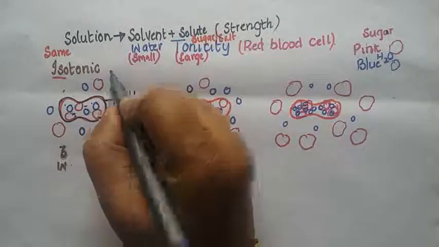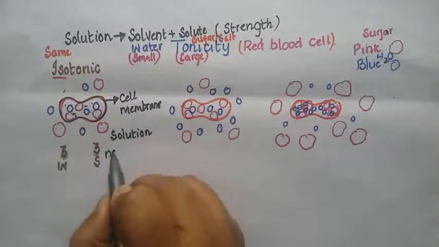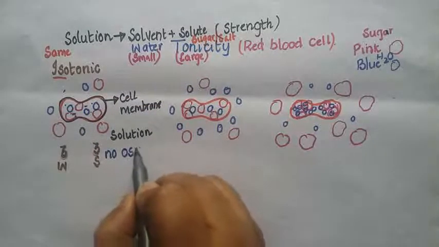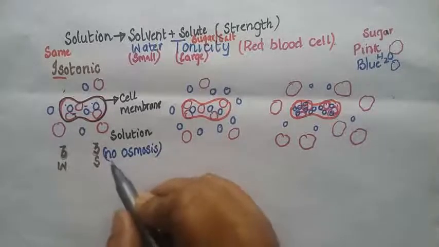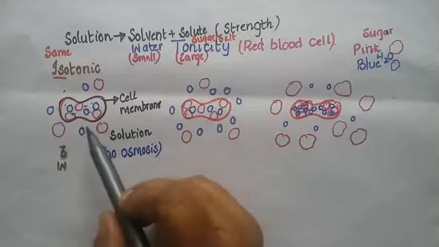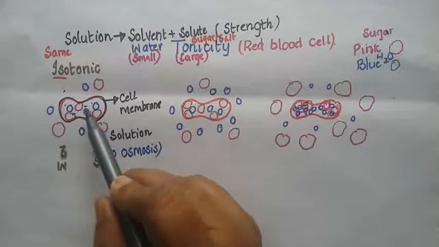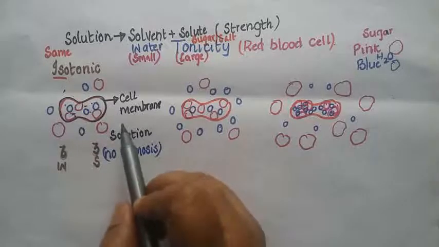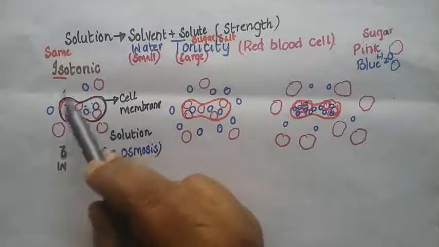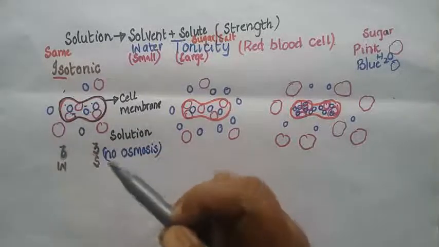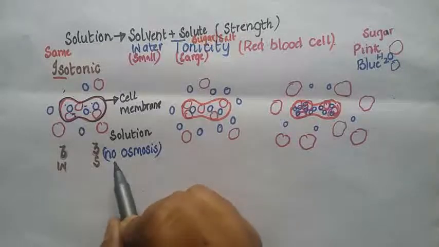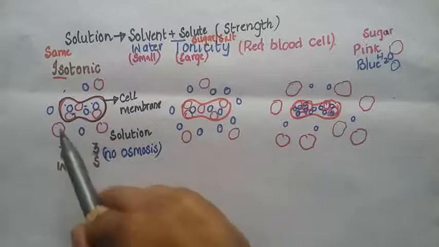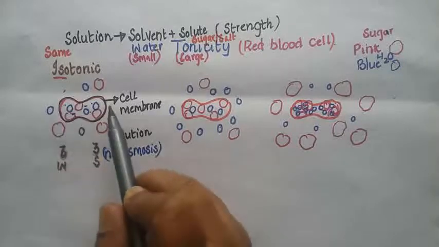So you will never find osmosis occurring in such RBCs whose concentration of fluid within the cell is similar to the concentration of the solution outside the cell. So you will never find a change in the size of the RBCs.